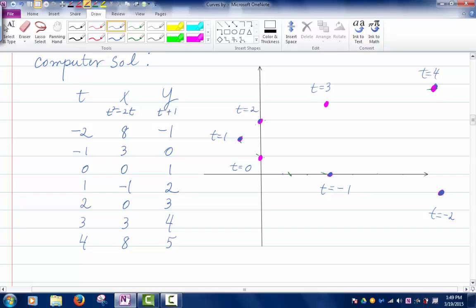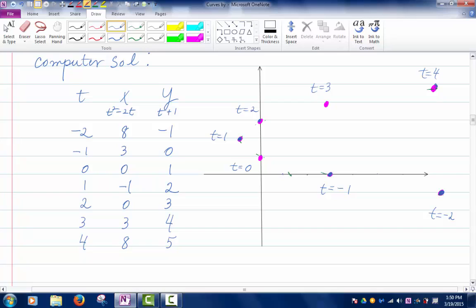When t is -2, you get the point 8, -1, right? So that's the point 8, -1. When t is -1, you get the point 3, 0. When t is 0, you get the point 0, 1.